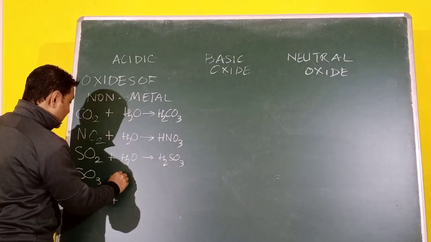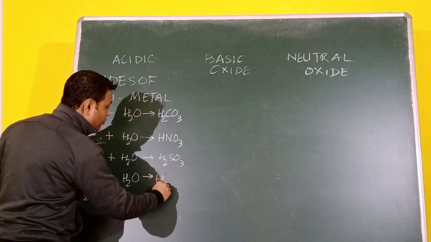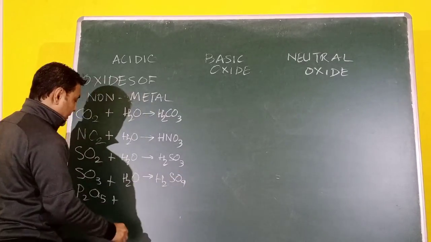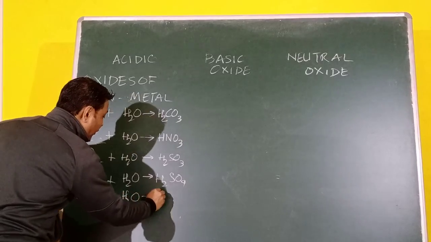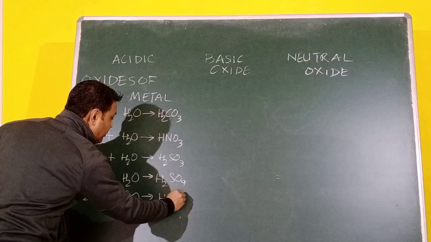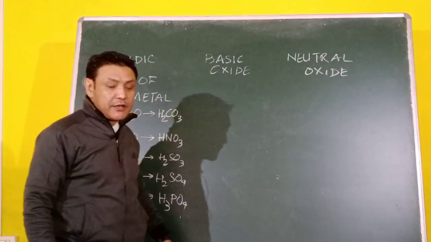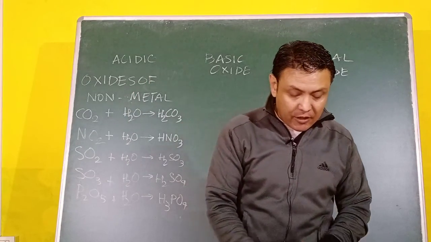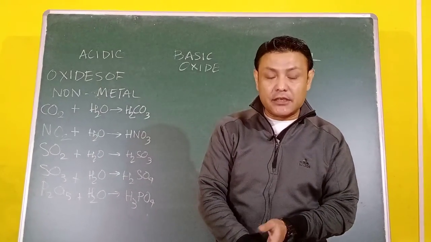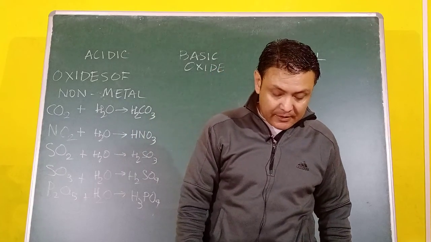Sulfur trioxide plus water produces sulfuric acid, H2SO4, and phosphorus pentoxide dissolves in water to form phosphoric acid, H3PO4. Hence, we call these oxides of non-metals acidic oxides. And acidic oxides turn blue litmus red.